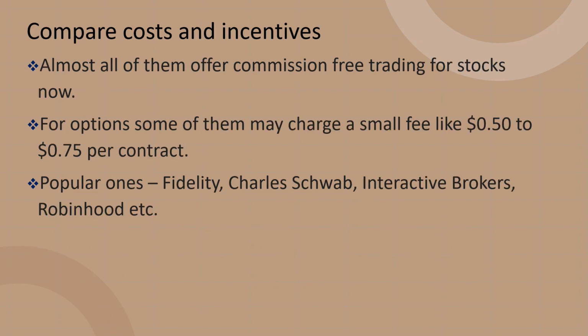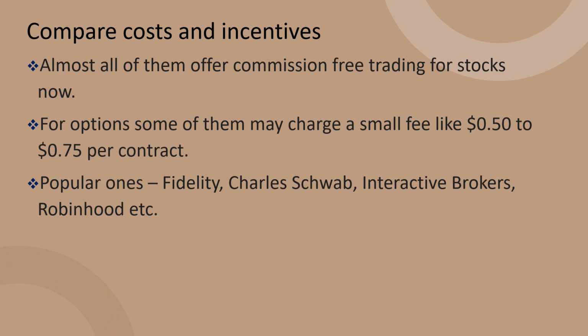Now let's compare the cost and incentives of the brokerage account. Currently, almost all of them offer commission-free trading for stocks, so there is no difference between the various major brokerage accounts. For options, some of them may charge a small fee, like 50 cents to 75 cents per contract. Again, options is a different ball game.